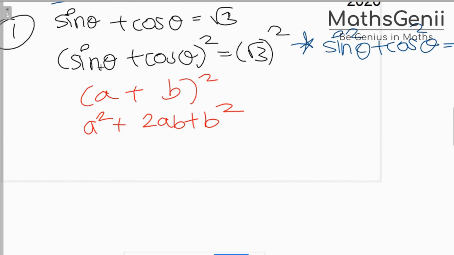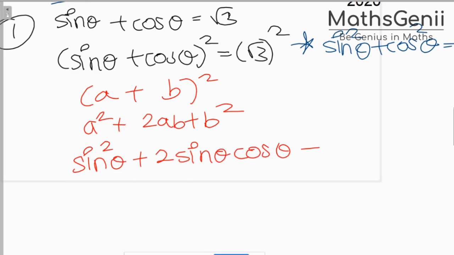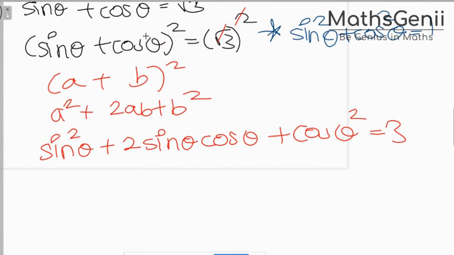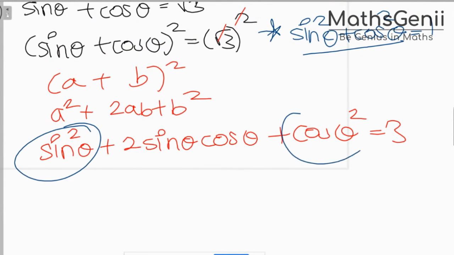So a is sine theta, b is cos theta: sine square theta plus 2 sine theta cos theta plus cos square theta is equal to, root and square get cancelled, so 3 remains. Now students, now is the time to use the formula. Sine square theta plus cos square theta is 1.